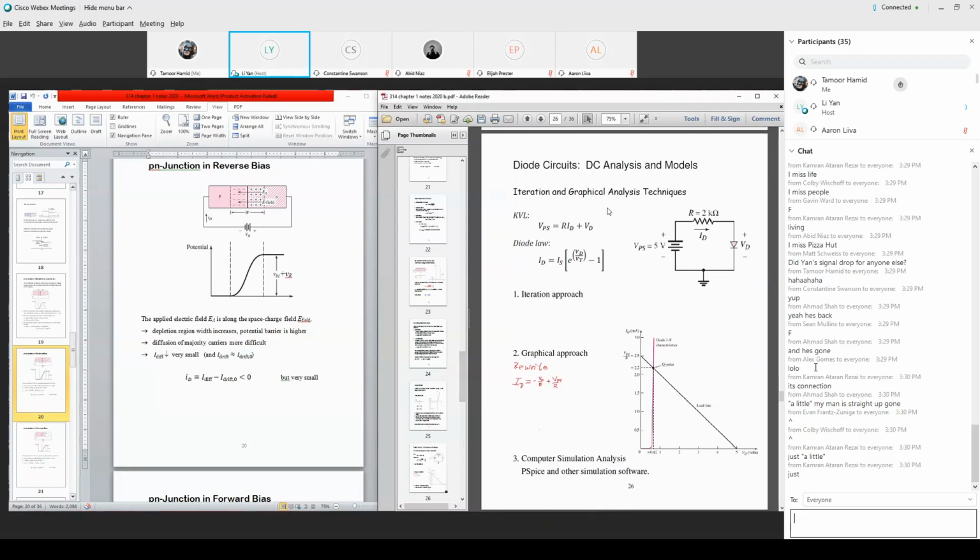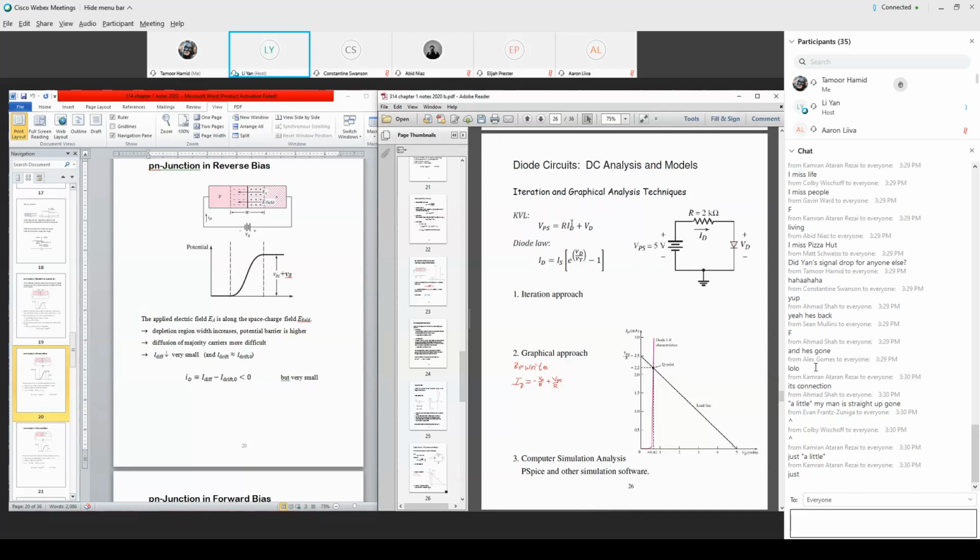Okay, now we have learned the basics. So how do we solve the circuit? To solve the circuit, you combine Kirchhoff's law and the device law. So this is a simple circuit: a bias voltage, a resistor, in series with a diode. Kirchhoff's law says the voltage V_PS is the voltage drop at the resistor, which is R times I_D, where I_D is the current in Ohm's law, plus the voltage drop at the diode.